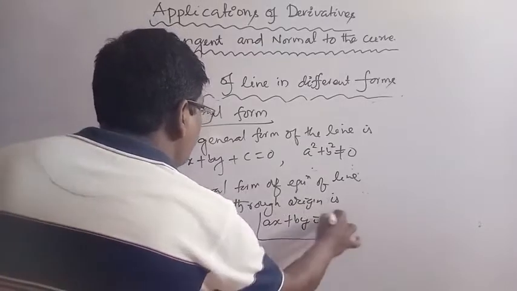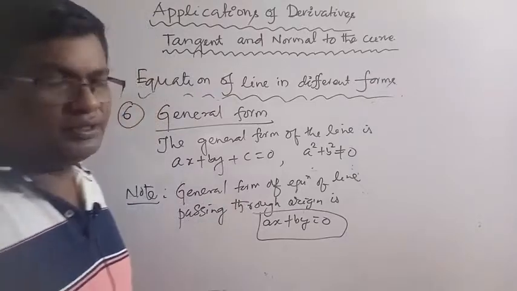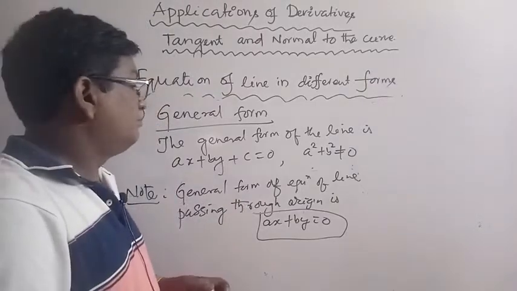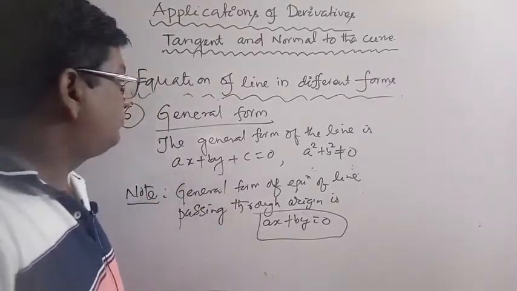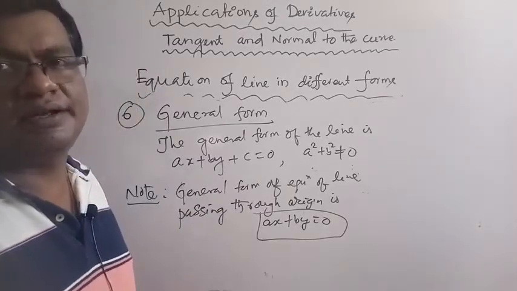This is the general form of the line passing through origin, where c is 0. Then some other concepts regarding the equation of line.